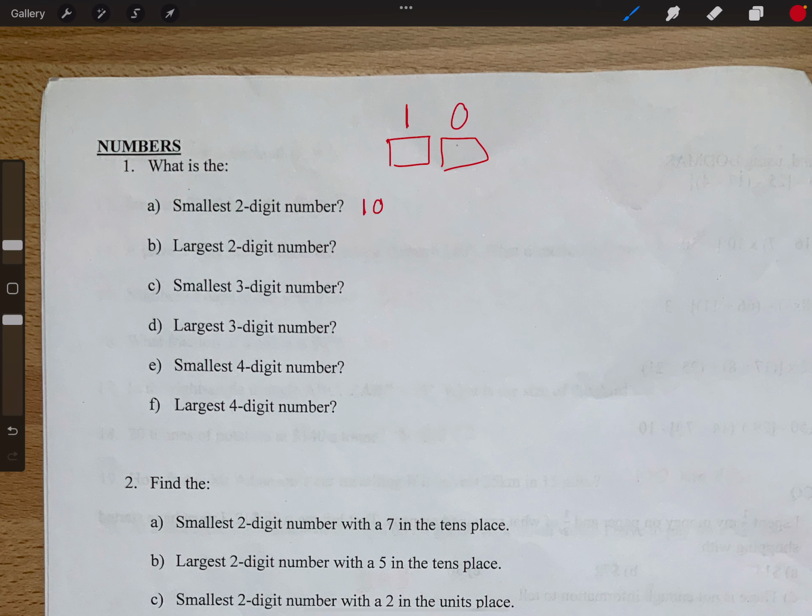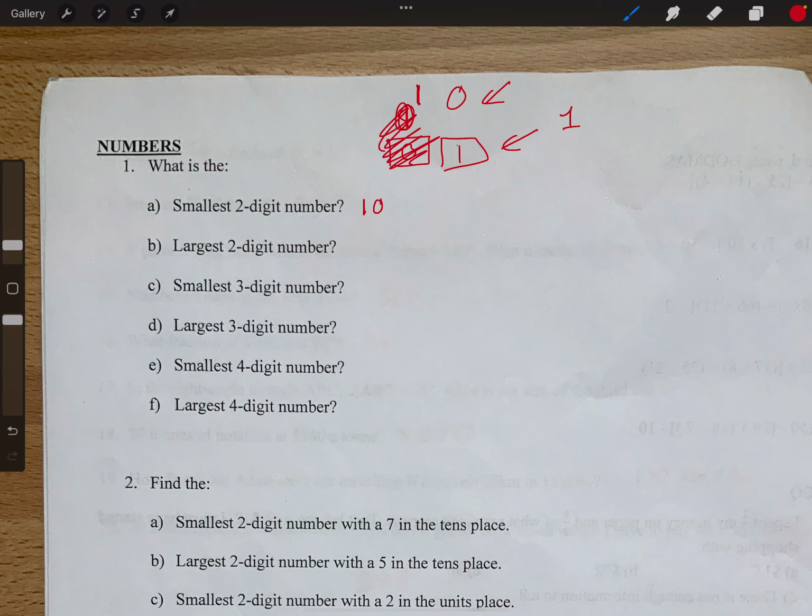The reason we can't use 0 first is that 01 is no longer a 2-digit number, it's a 1-digit number. So you have to put at least a 1 in the first place, and the second can be a 0. So the smallest 2-digit number is 10.